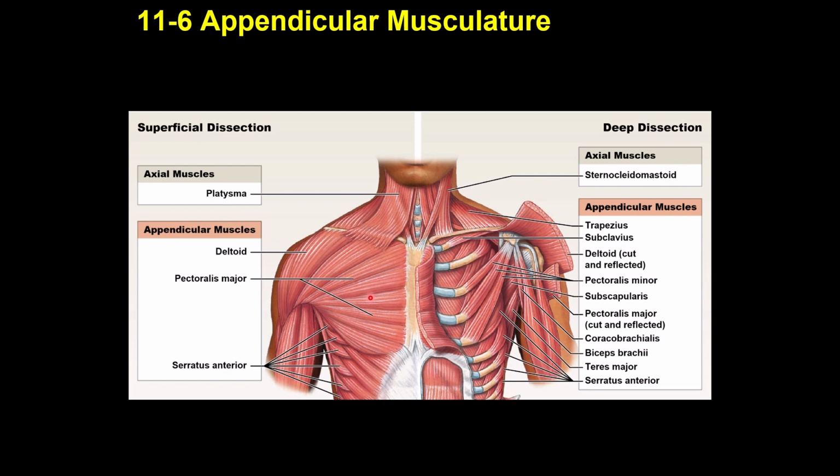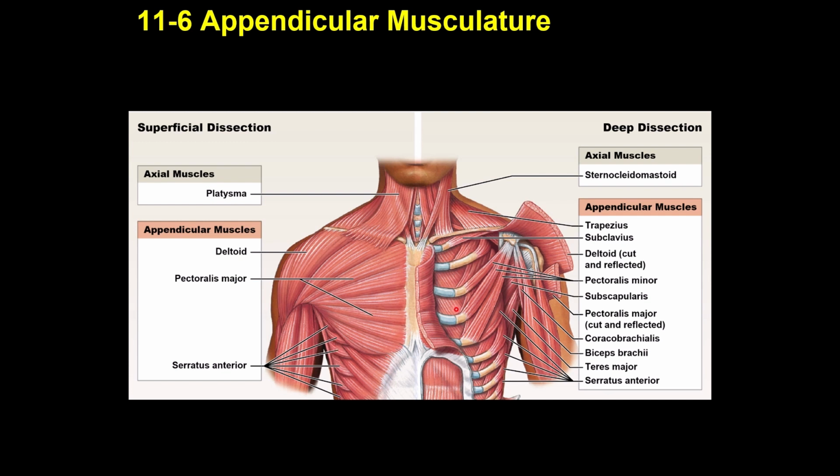Pectoralis major is responsible for flexion, internal rotation or medial rotation, and adduction of the shoulder joint. Serratus anterior is important for moving the glenoid cavity upward. So I will show you how it works.